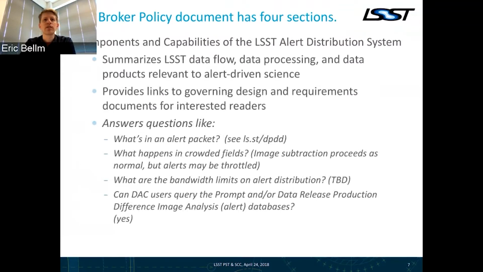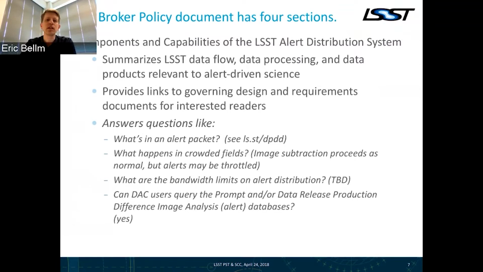So again, the first section is just summarizing what we're building, a high-level summary with links back into some of the more detailed design documents and requirements documents for those who really want to dig into the nitty-gritty. And so a lot of the basic questions like, what's in an alert packet and so on will be dealt with here.